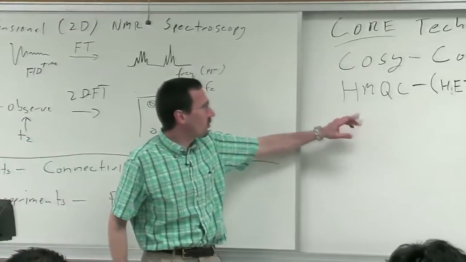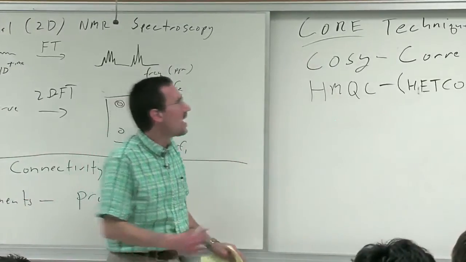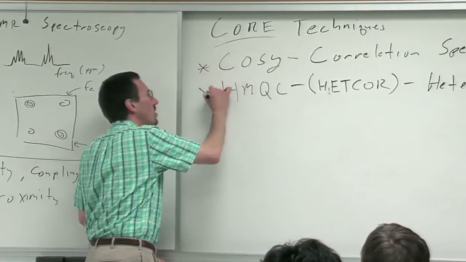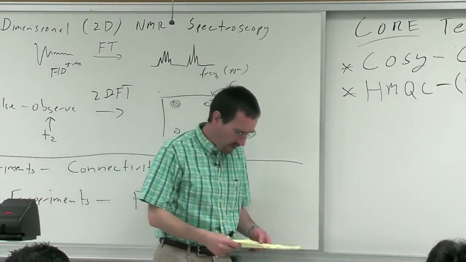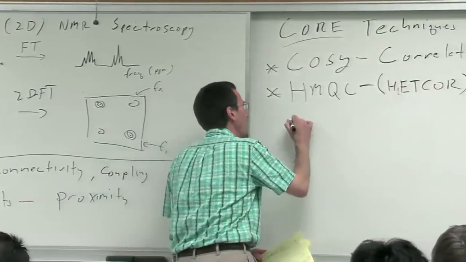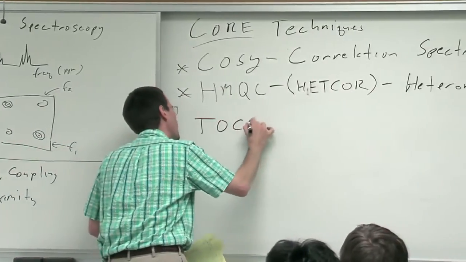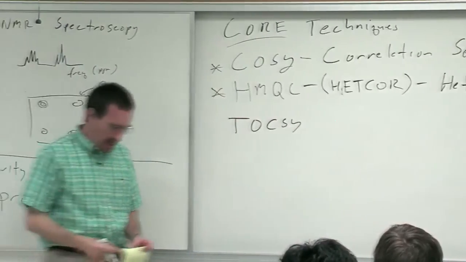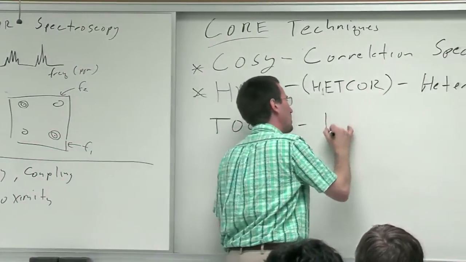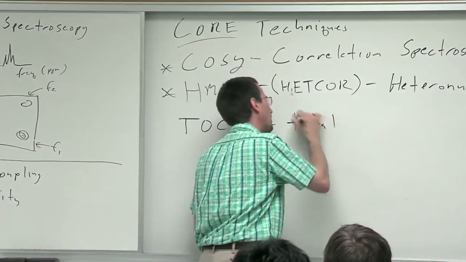So we're going to start with these two techniques as our initial starting point for building our toolbox, and we'll see that they're extremely powerful. We're then going to add in TOCSY. TOCSY stands for total correlation, and I'll put that in quotes.